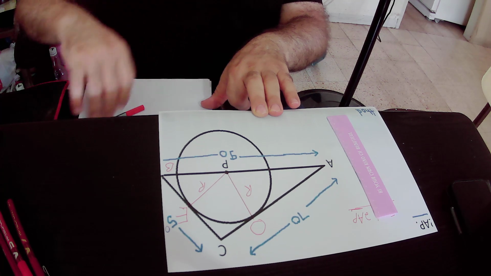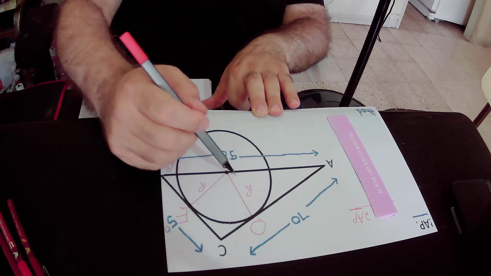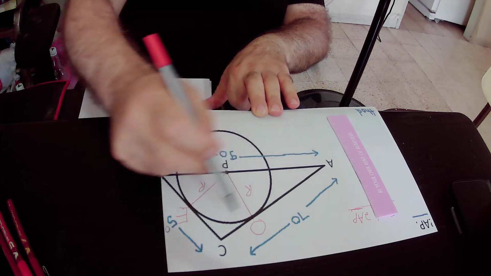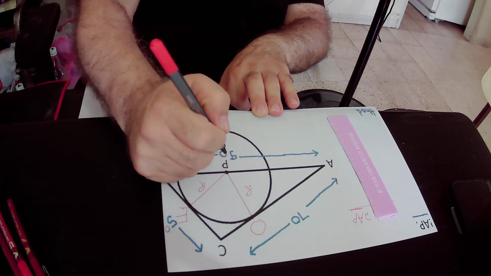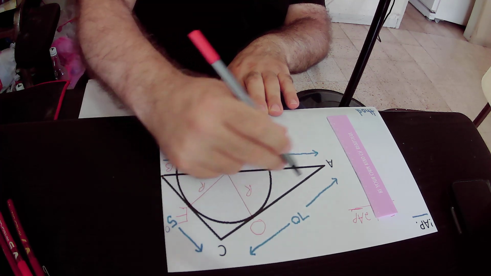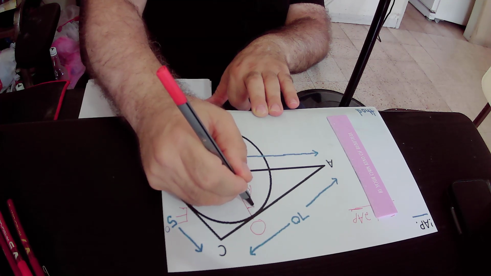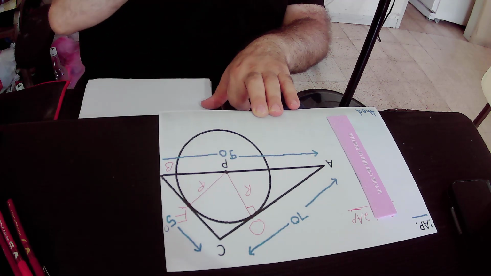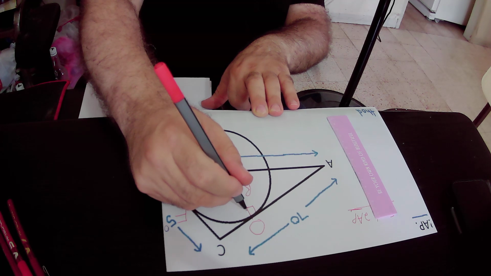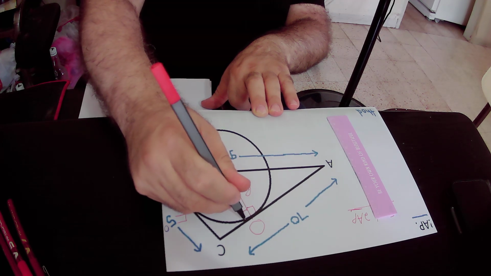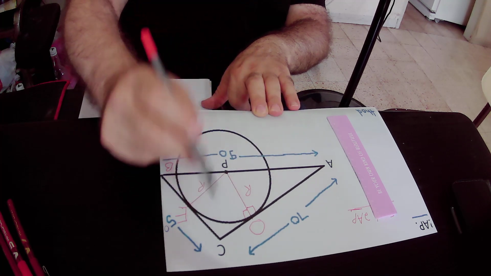For that reason, OP or PO is perpendicular to side AC of the triangle. That is to say, angle POA is equal to 90 degrees, and also angle POC is equal to 90 degrees, because PO is perpendicular to AC.